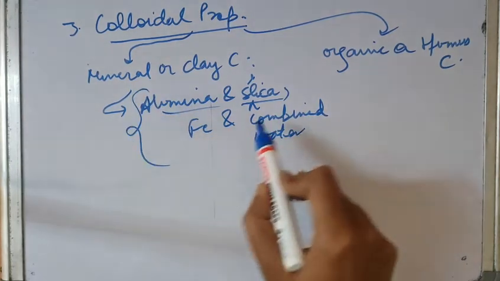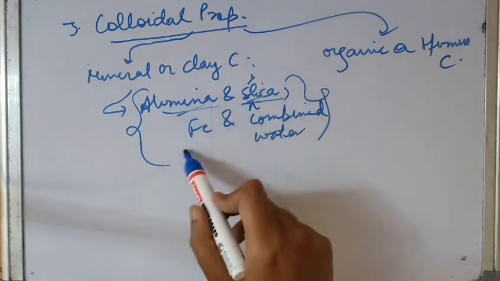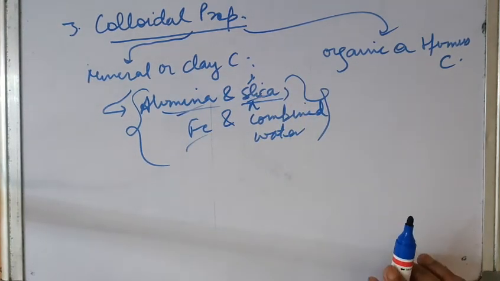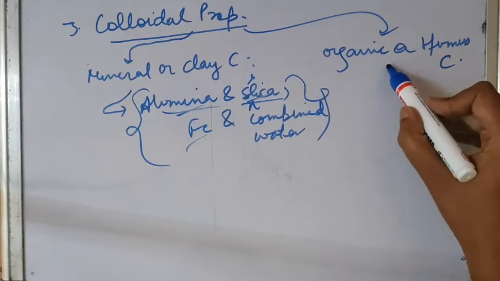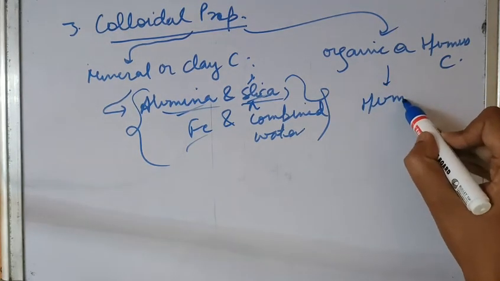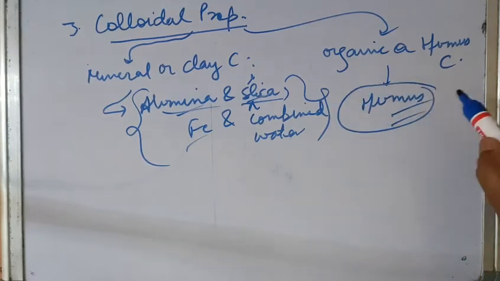This is what mineral colloids are mainly formed of: alumina, silica, iron. Moving on to organic or humus colloids. These are chiefly due to the presence of humus. As you all know, humus contains organic matter. So from here comes the name organic or humus colloids.